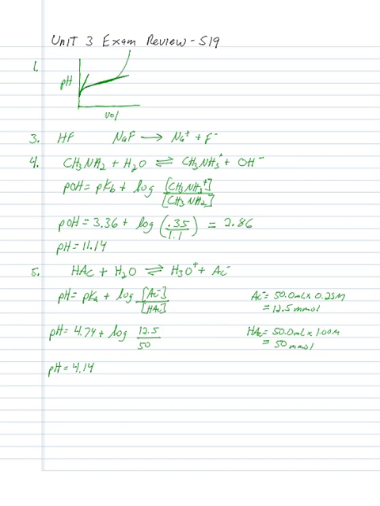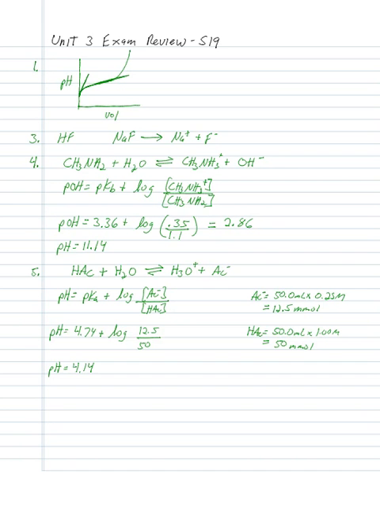Well, the pH. What about the pH? If you do 12.5 over 50 and take the log, and then you add it, I get 4.14, I think. You guys get a different answer? Yeah, it's close, but it's off by 2 tenths. Well, that's huge. Did anybody else get that?